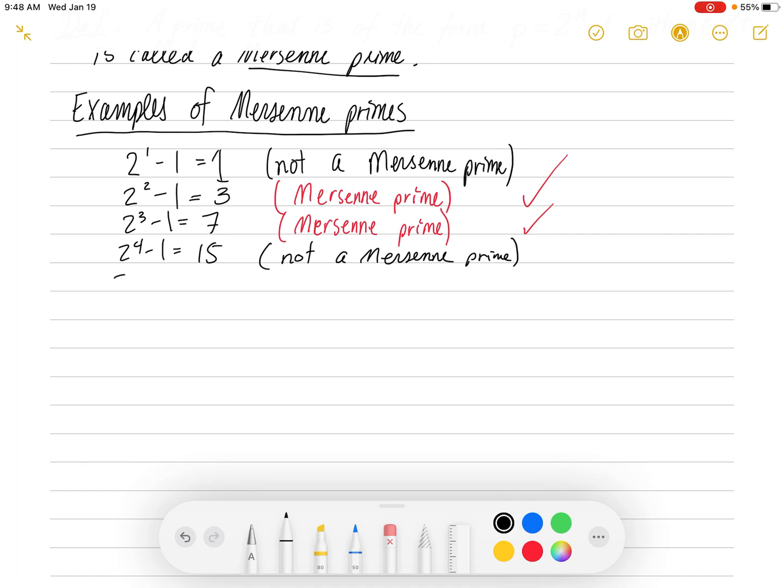What about 2 to the 5 minus 1? That would be 32 minus 1, that would be 31. That's a prime, so it's a Mersenne prime. And let's say I did 2 to the 6 minus 1. 64 minus 1 is 63, so that's not a prime, so it's not a Mersenne prime.